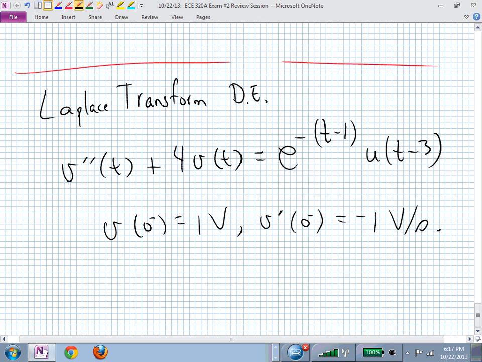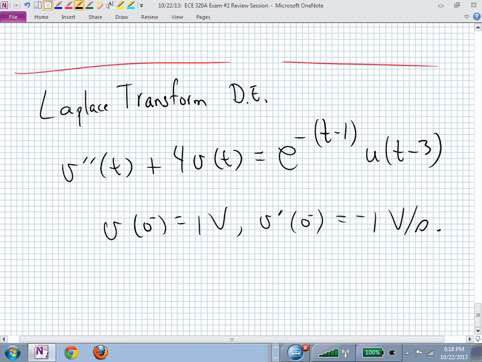What's the hard, yes, question? So now the difficult part of this problem is really getting the argument in this exponential term on the right to be consistent with your unit step argument. When are you turning that on? I think that was the question, is that doesn't look right. And that's correct. It doesn't look right.